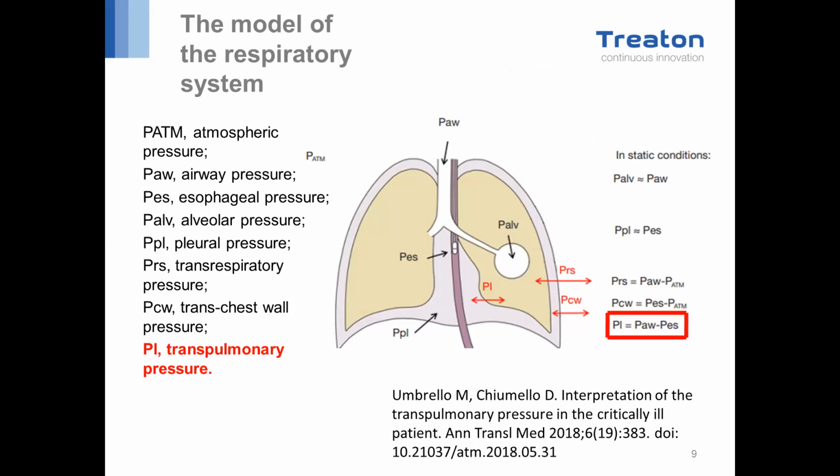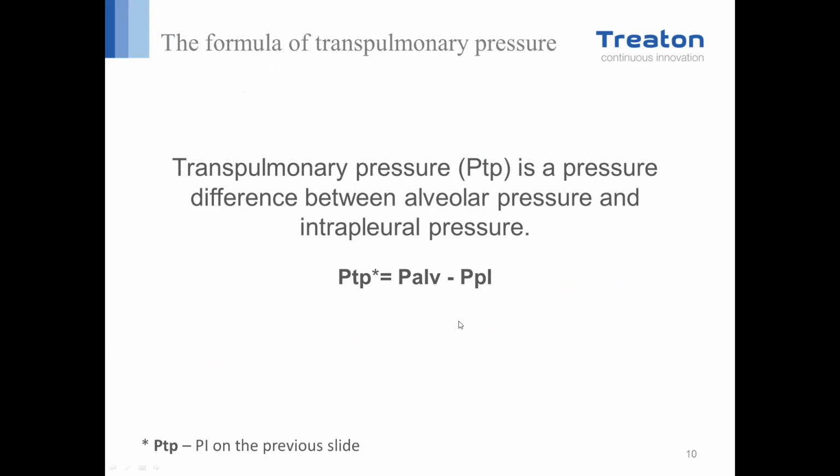Please pay your attention to this picture and the formula. We are interested only in transpulmonary pressure. It is a pressure difference between alveolar pressure and intrapleural pressure. But we can't measure them. You can see the formula of transpulmonary pressure.